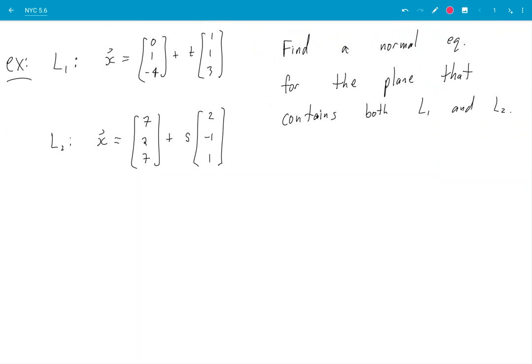Okay, here we have two lines. Now we're told, sorry, pause and copy. We are told that the plane contains both L1 and L2. Okay, that's very important information. If I pick two lines at random, there's no guarantee they will lie in a single plane.